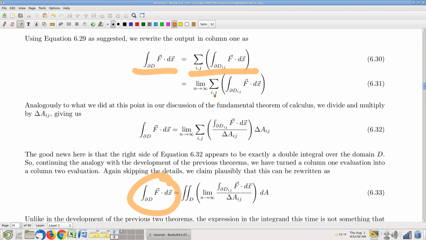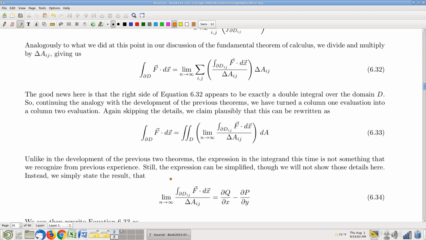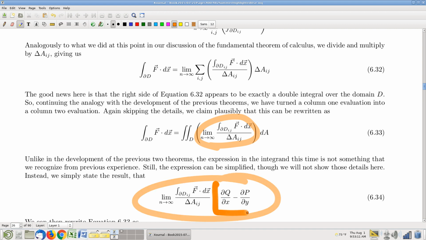It accumulates over the interior, and that interior accumulation can be rewritten as a double integral. That's the big idea that I want you to take away. The actual details of how to compute this thing, it's details. And here's the formula. It's this right here: dQ/dx minus dP/dy.